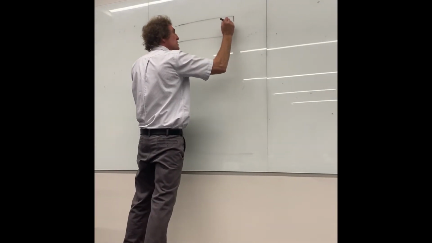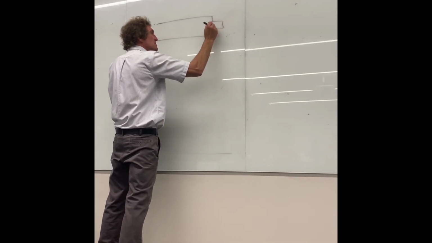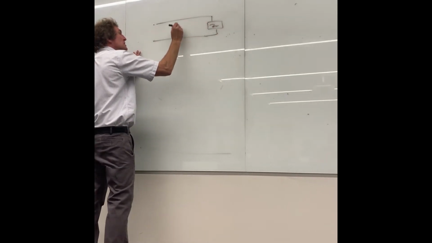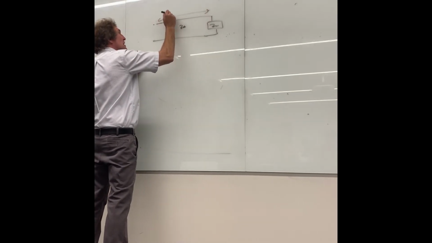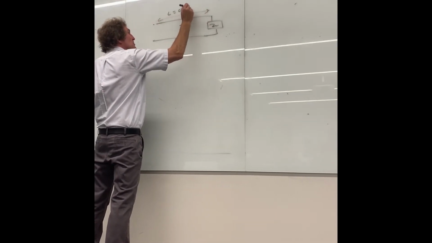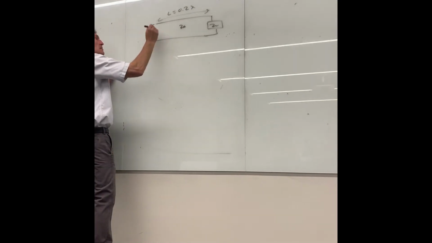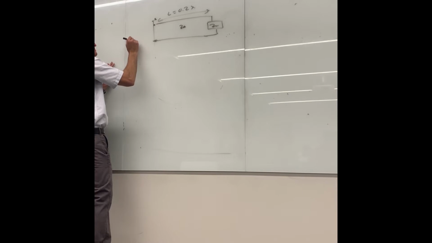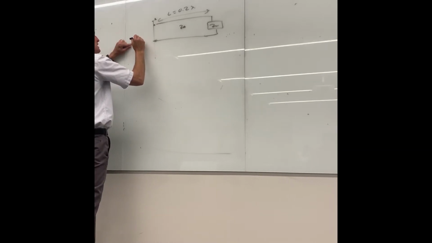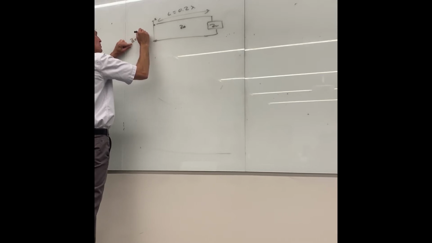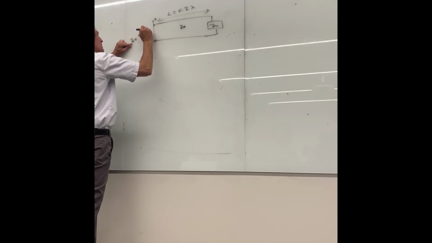So now here's the problem. I generally encourage people to draw this out until it's second nature. Here's ZL. Here's Z naught. I'm going to give a length of line L equals 0.2 lambda, and I'm going to say here I have Zn equal to, say, 50 plus J30.